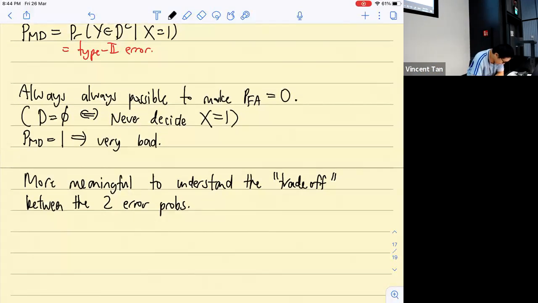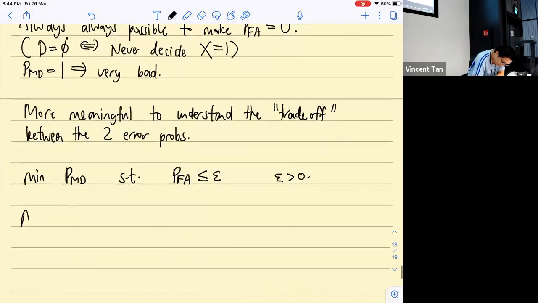So the idea here, let me make it clear. We minimize probability of MD subject to probability of false alarm less than epsilon, for some small epsilon. This is the formulation that we will consider. Okay, so now we will abbreviate the error probabilities as Q0(A).